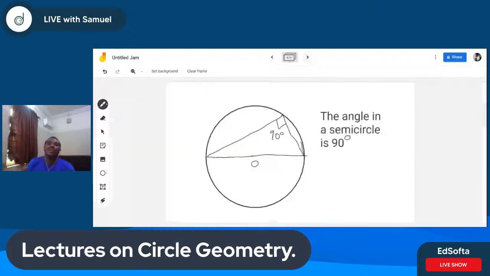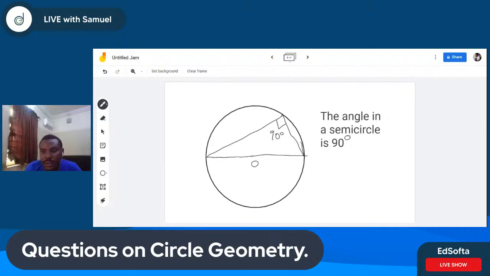To solve any circle geometry question, what is very important is that you understand the theorems and know when and where to apply them. So we'll be looking at some of the questions in circle geometry using our EdSofta app. I will share the EdSofta screen.